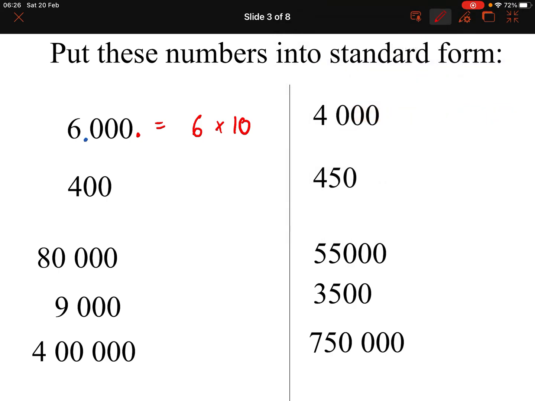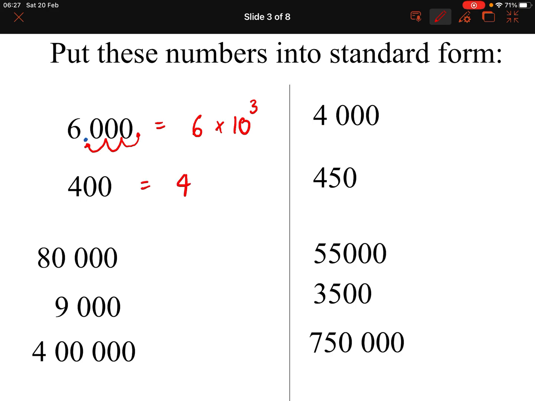I've just changed colour. How many places have I moved it to get it to where the blue decimal point is? It's going to be 1, 2, 3. So I've moved the decimal point 3 places. So 6,000 is the same as 6 times 10 to the power of 3. And 10 to the power of 3 is 1,000, so 6 times 1,000 is 6,000. Should all make sense, okay?